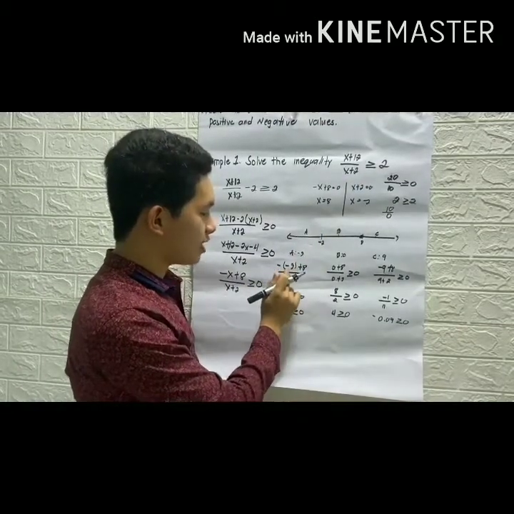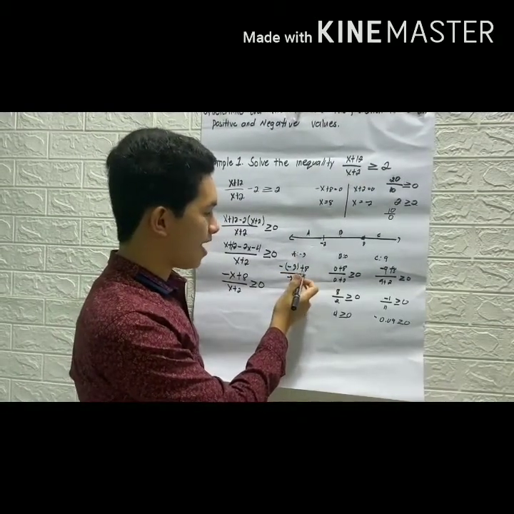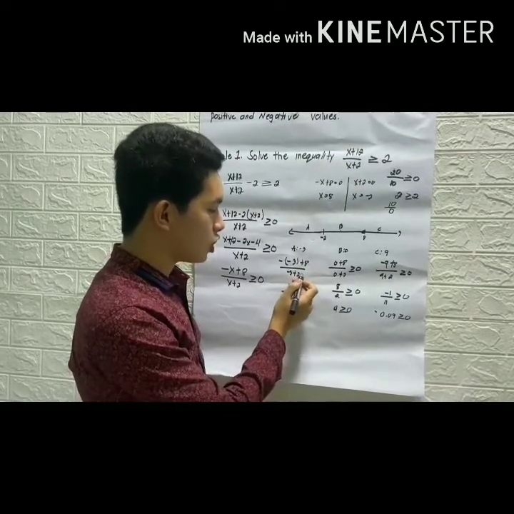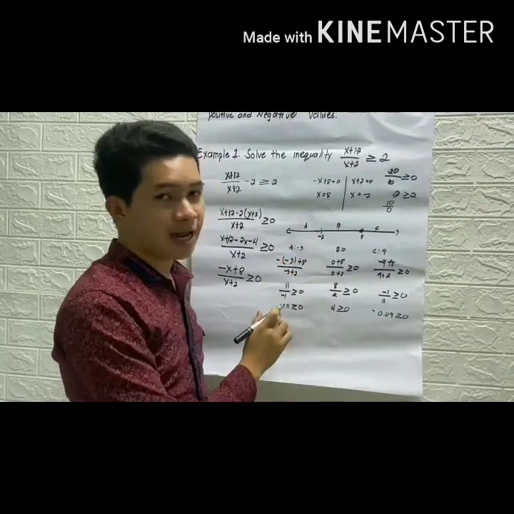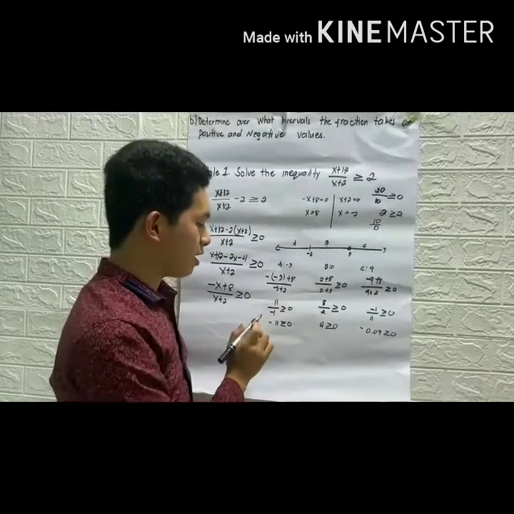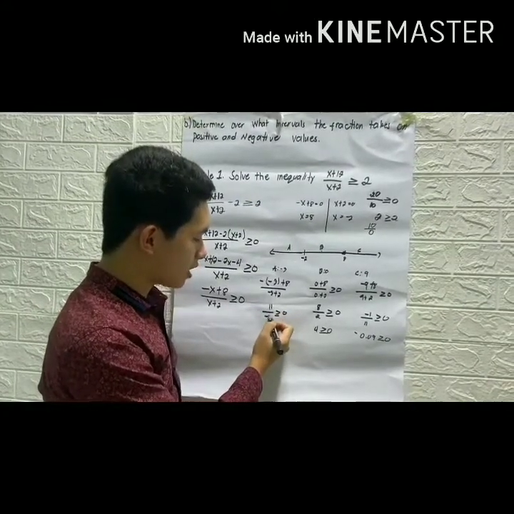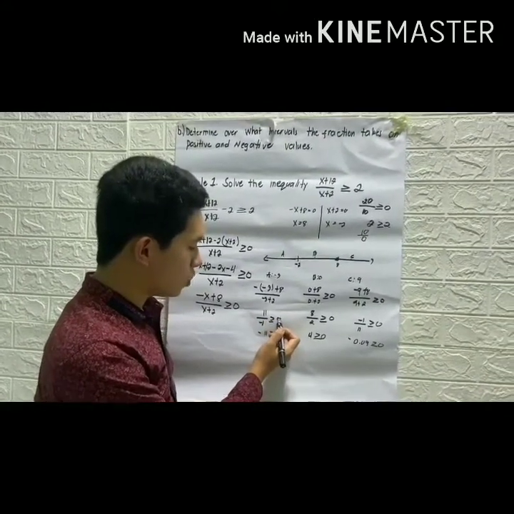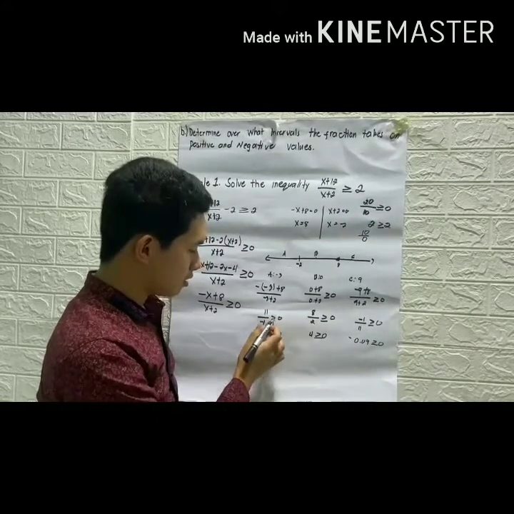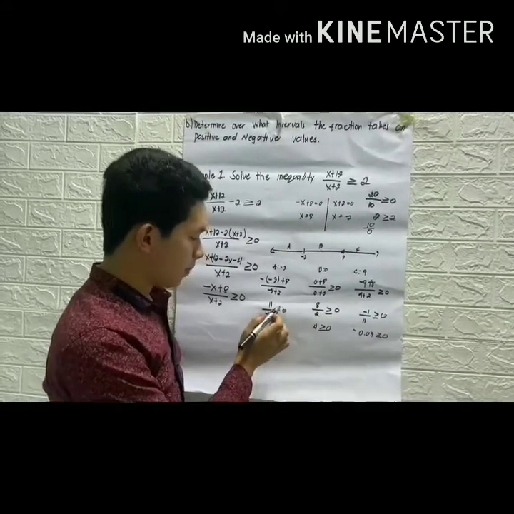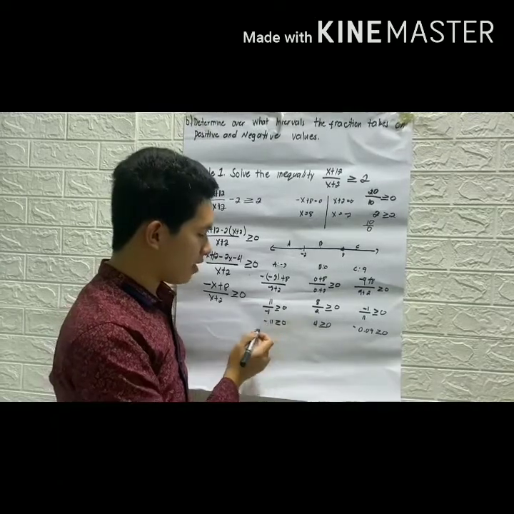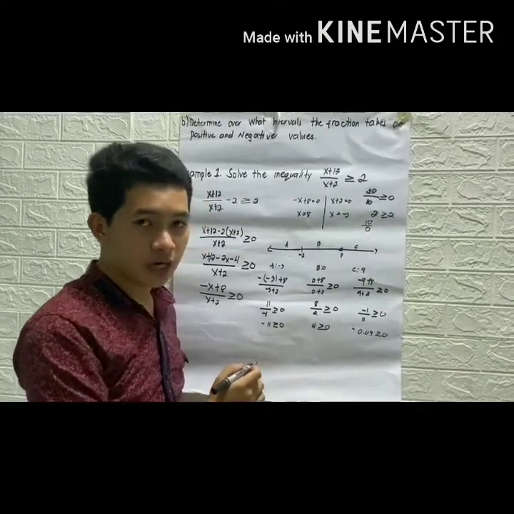So, negative times negative 3 plus 8 over negative 3 plus 2. Yung x natin ay pinalitan natin ng negative 3. Then, 11 over negative 1 greater than or equal to 0. Then, 11 over negative 1 is equal to negative 11 greater than or equal to 0.